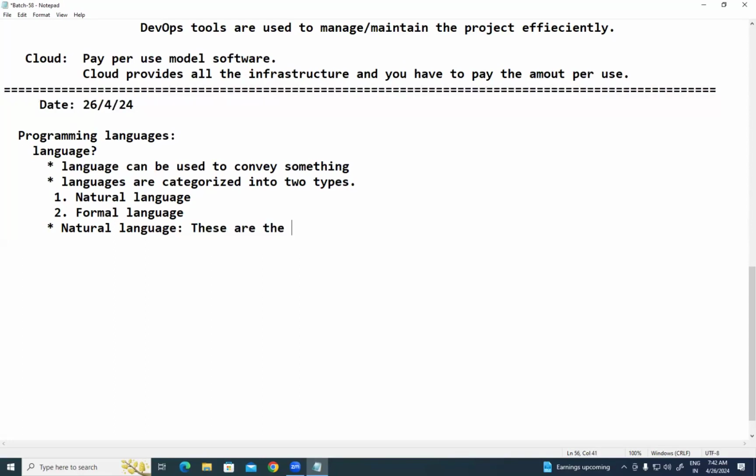These are the languages used by human beings to convey each other, to convey everything and anything. Folks, am I clear? So these are the languages used by human beings to convey everything and anything.